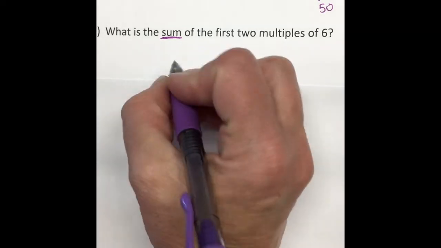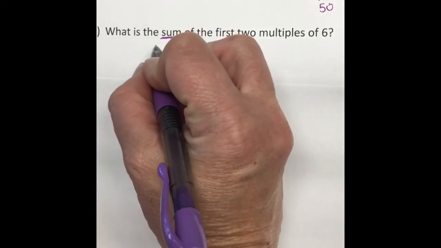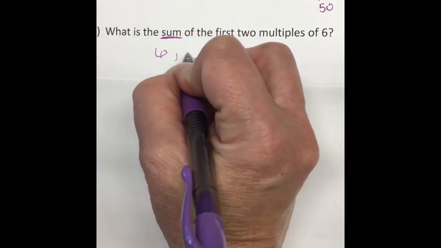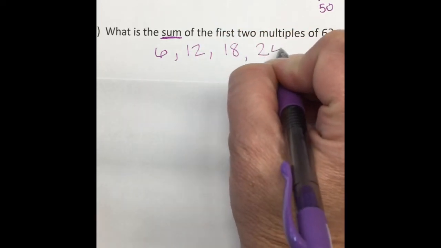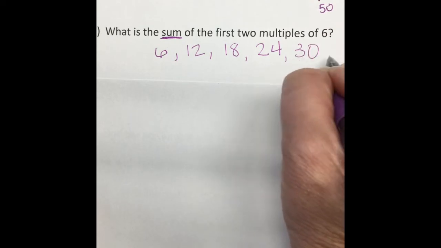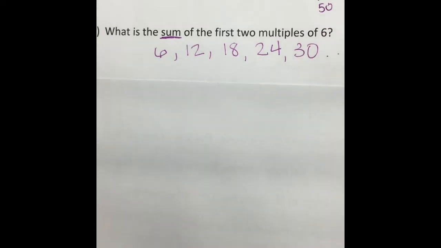If I were to list all the multiples of 6, it would be 6, 12, 18, 24, 30, and I could go on and on. Now what it's asking for is the sum, meaning the answer to an addition problem, of the first two multiples of 6.